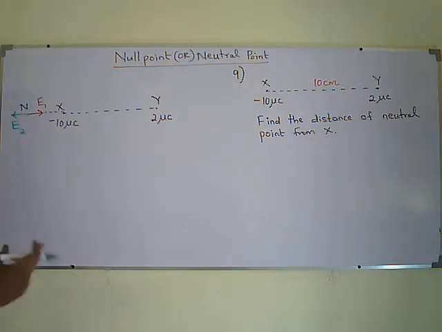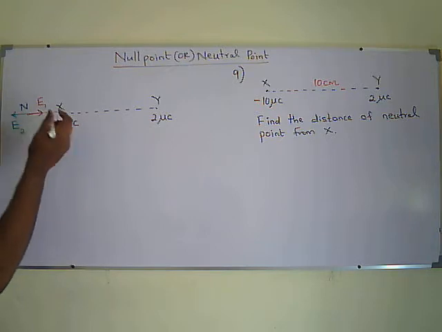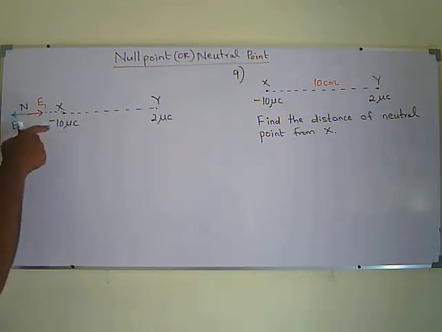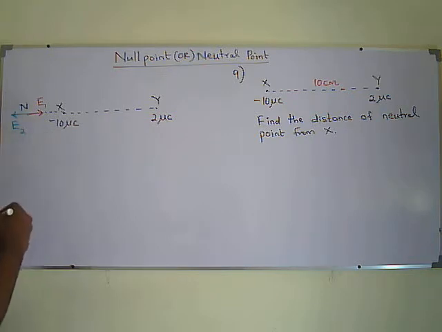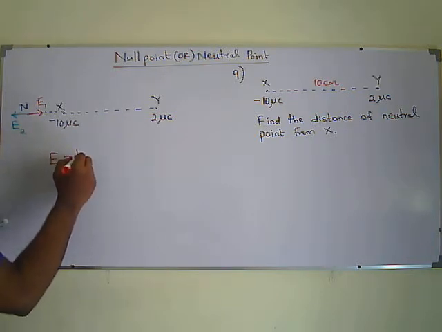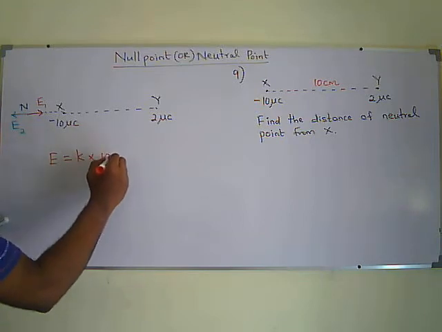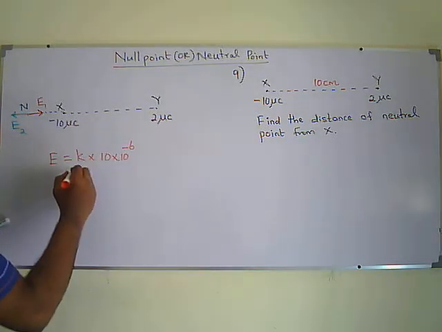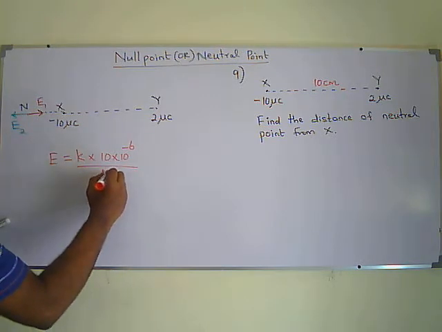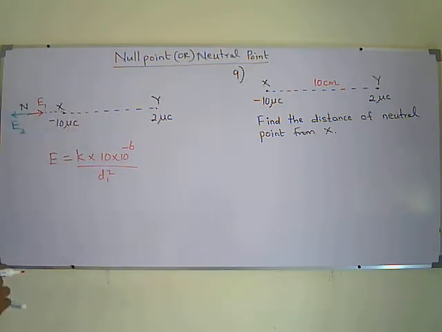The reason is, E1 is due to negative 10 microcoulomb, and the magnitude is large. E1 equals k times 10 into 10 to the power minus 6, over the distance, let it be d1 squared.